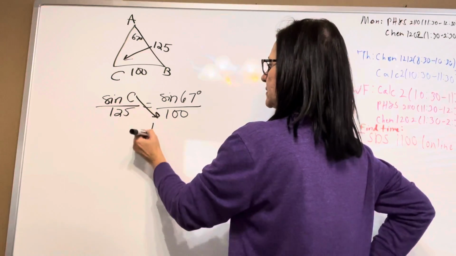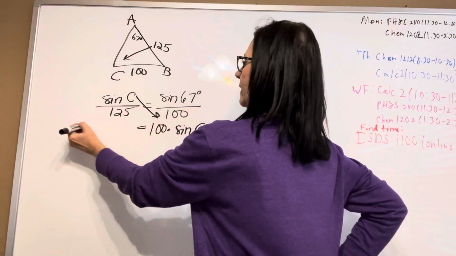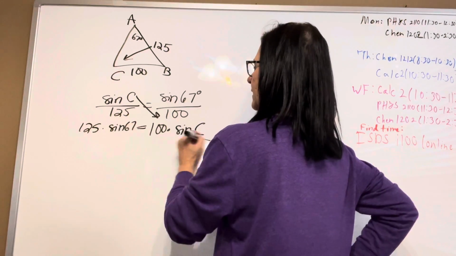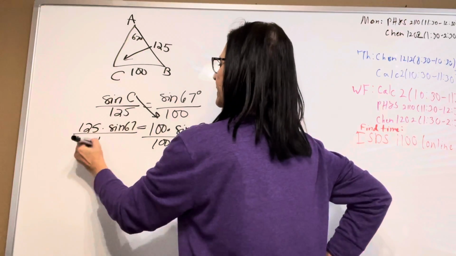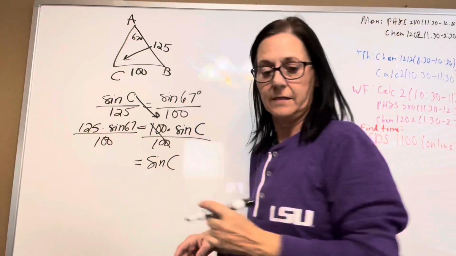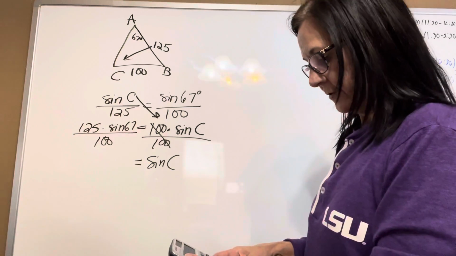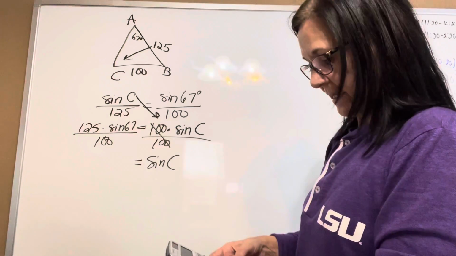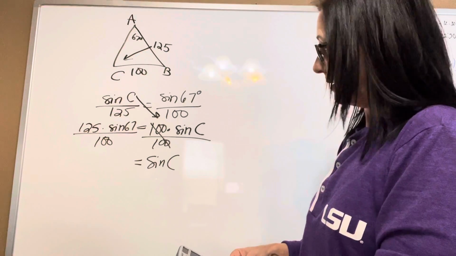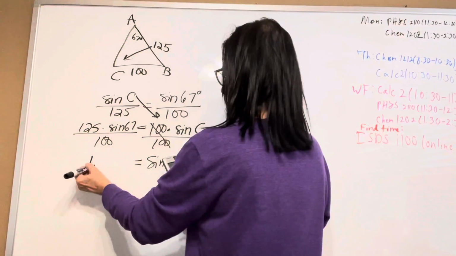Again, just cross multiplying and dividing by 100. I'm left with the sine of C. I'm going to calculate this in my calculator: 125 times the sine of 67, hit equals, then divide by 100. And the answer is 1.15.